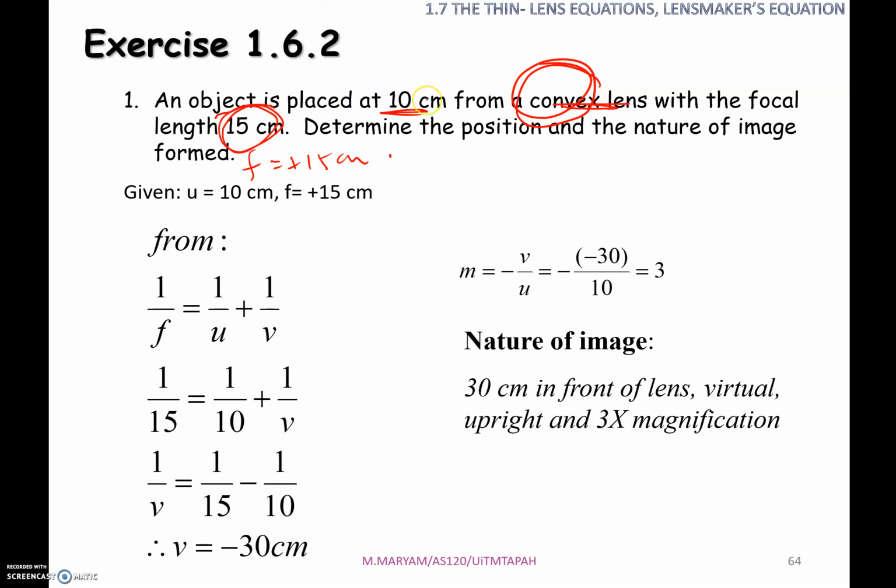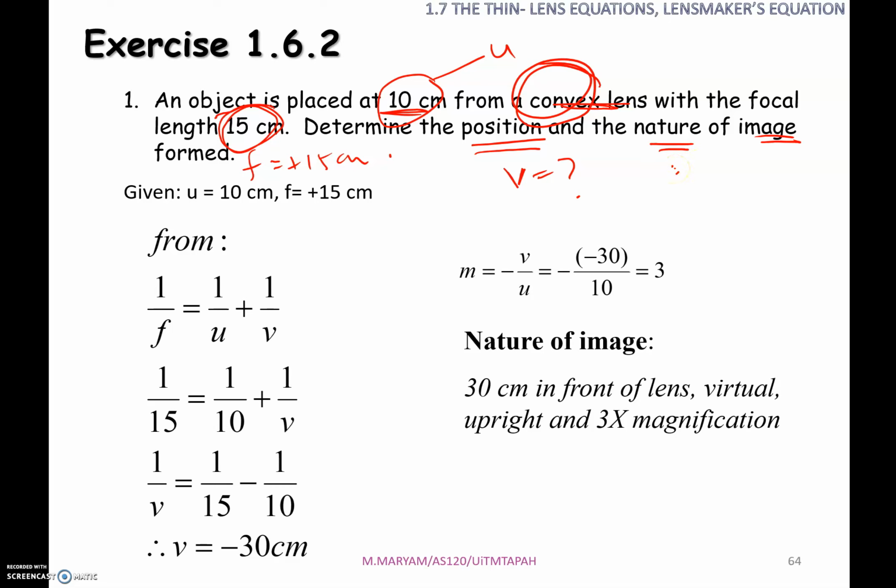The object is placed 10 cm from the lens, meaning this will be your distance of object, or u. Determine the position and nature of the image formed. Position means they want you to find the v. Nature will be the characteristics of the image.